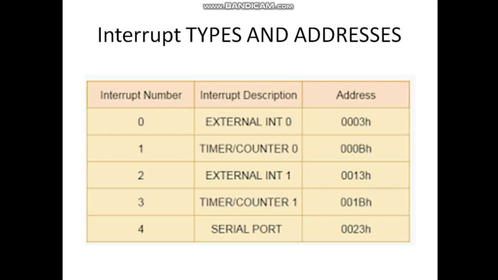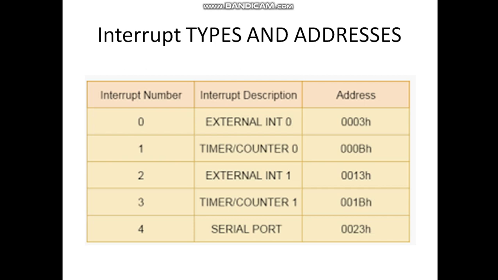Here, the type of interrupt, the addresses and the interrupt number is given. The reset pin has the highest priority, and the interrupt subroutine for reset is written at the 0000H location.